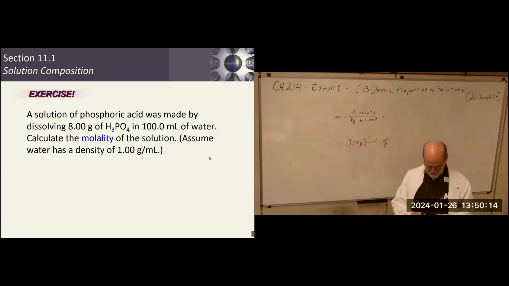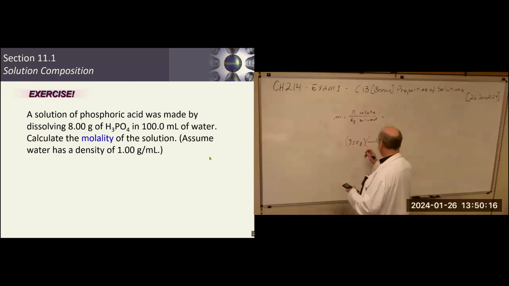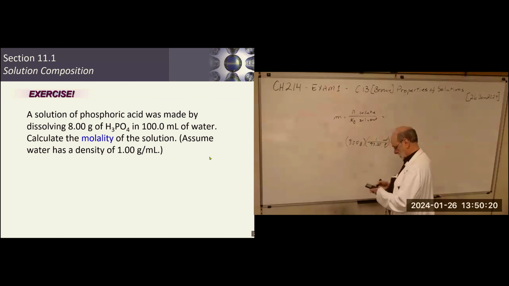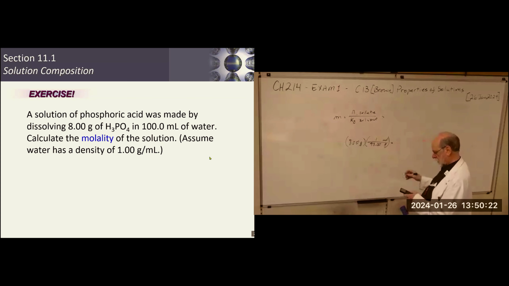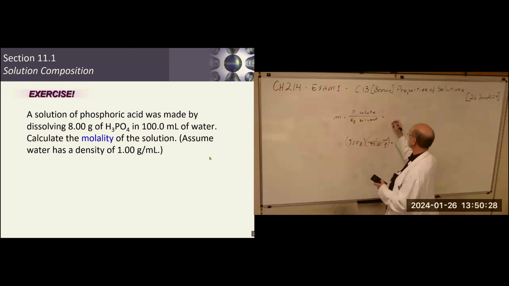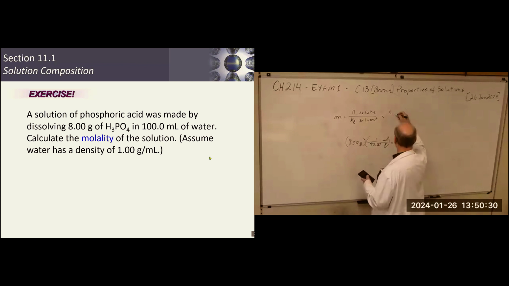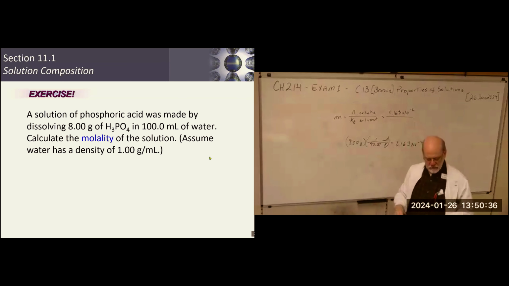And 64 for oxygen. 98. There we go. And this is 8.163 times 10 to the minus 2 moles, divided by kilogram of solvent.